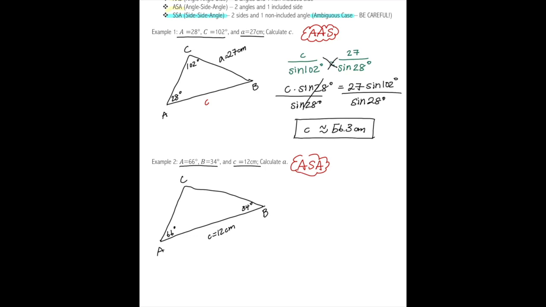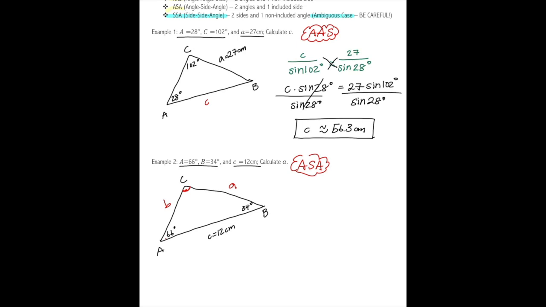To apply the sine rule, I need a relationship between an opposite angle and its side. Since I have side c, I should be using angle C, which is unknown at the moment. I need another relationship, either angle A and side a, or angle B, 34 degrees, and side b, but I don't have any of that information.